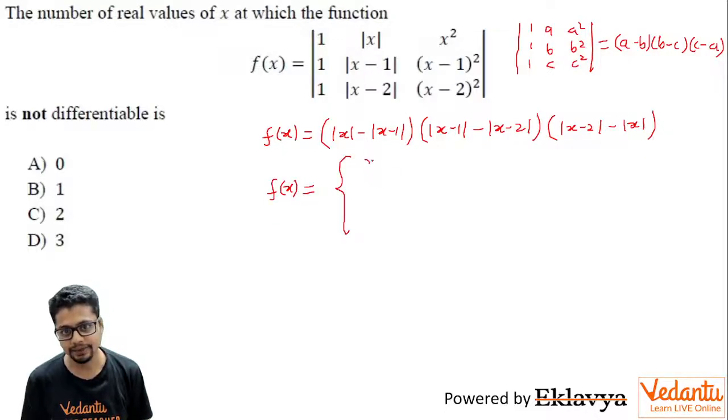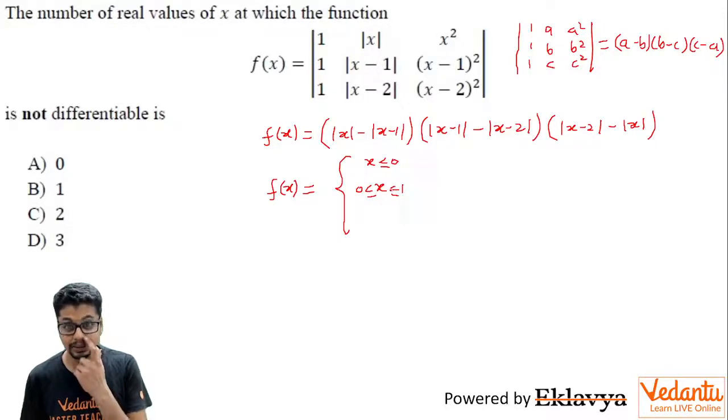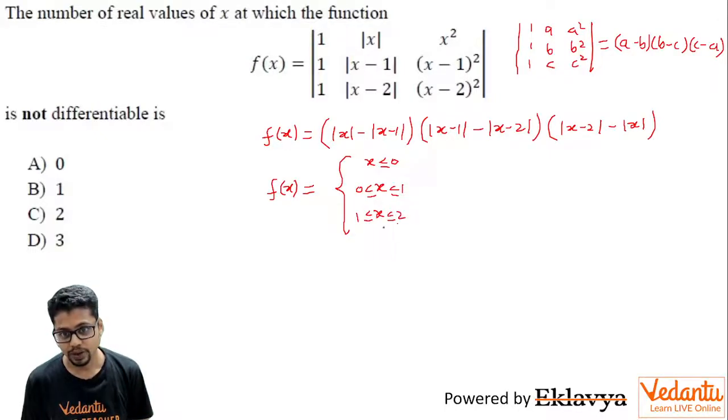I'll say when x is less than 0, when x is between 0 and 1 (you can put equality both ways, it doesn't matter, because it is continuous anyway), x is between 1 and 2, and x is greater than or equal to 2. So when x is less than or equal to 0, all of them will open with minus sign.